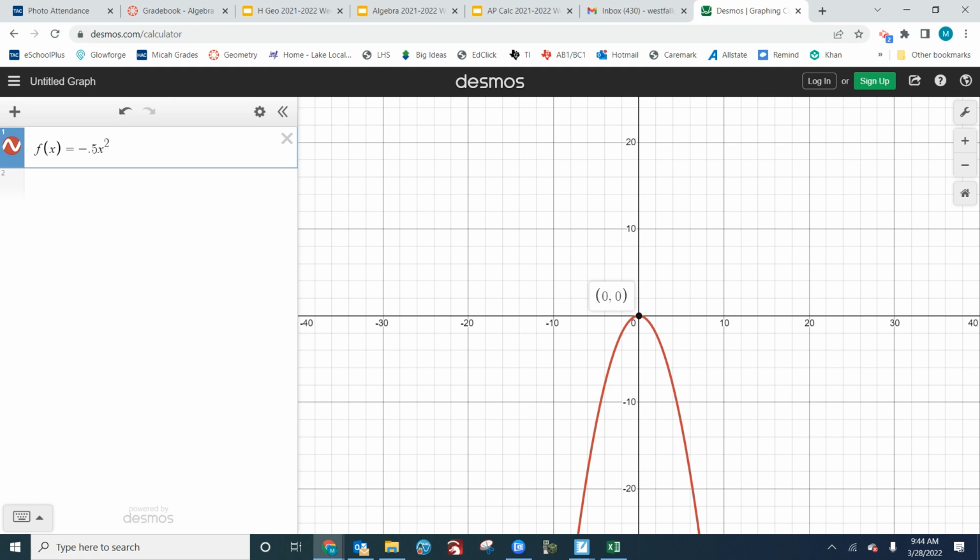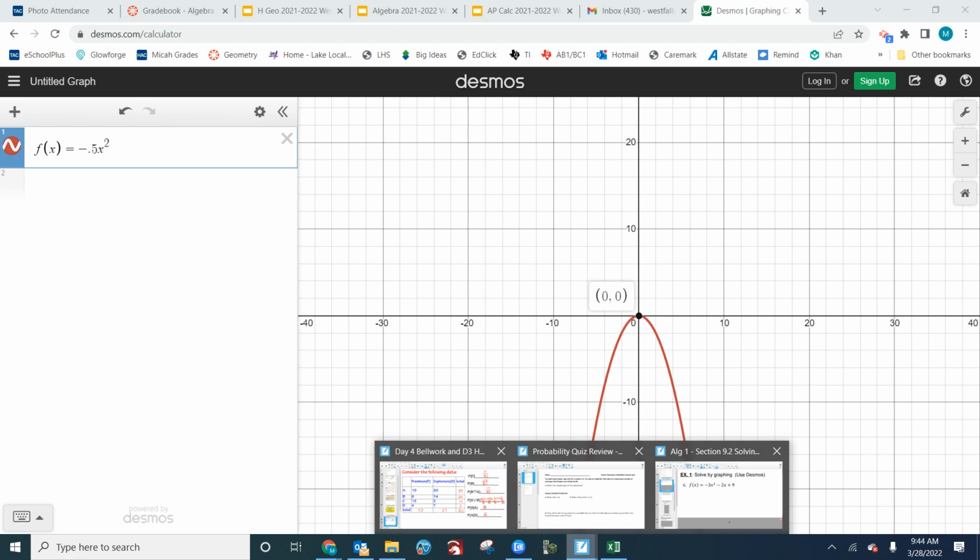All right, what's the next one here? This next one's kind of weird. It says solve by graphing. Okay, here's what I want you to do. Let's look at the worksheet here.